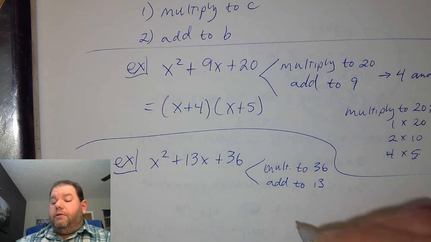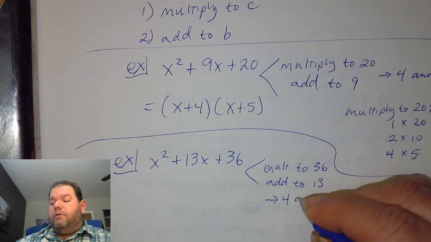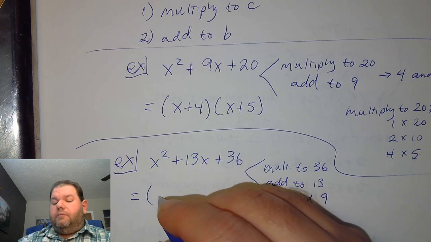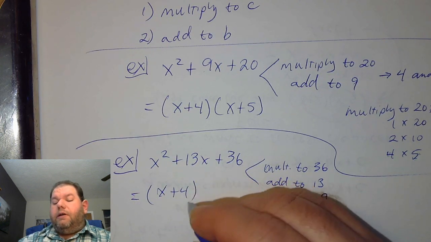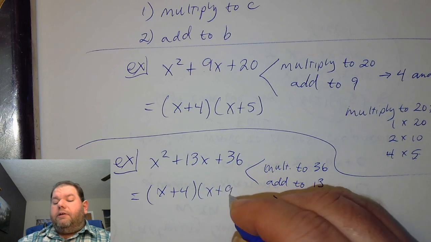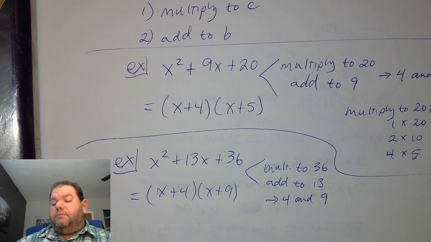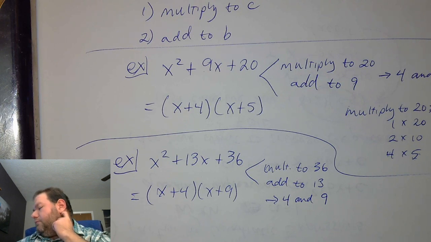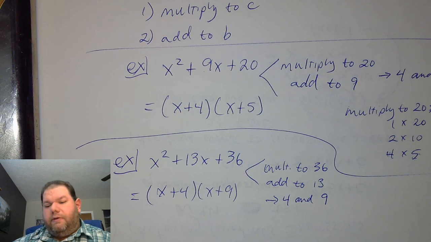Four and 9. 4 times 9 is 36. 4 plus 9 is 13. So that's our combination. So x plus 4 and x plus 9. Does that make sense?